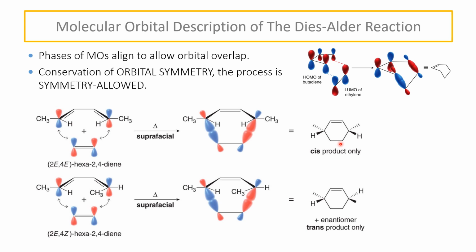Note, both methyls on the diene adopt a cis position as the dienophile combines with the diene. Herein, you can see the 2E,4Z combination to form the trans species.